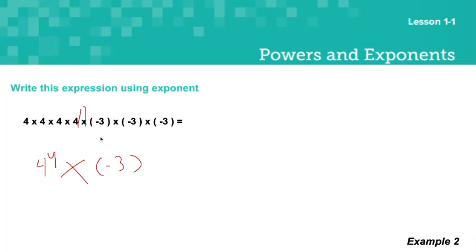Then we see how many times the negative 3 is repeating. It is repeating 3 times. So we put negative 3 exponent 3. So this will be the answer: 4 exponent 4 multiplied by negative 3 exponent 3.